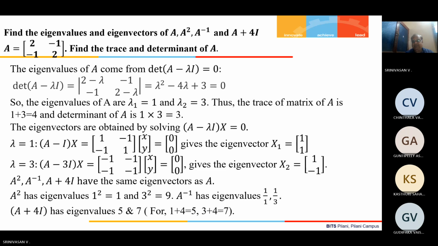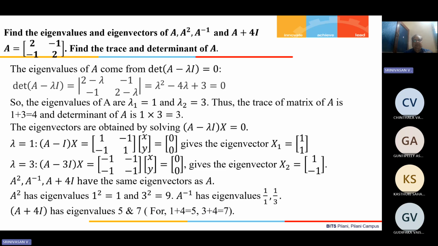Implies that x1 and x2 are orthogonal. Okay, so this way we can verify.